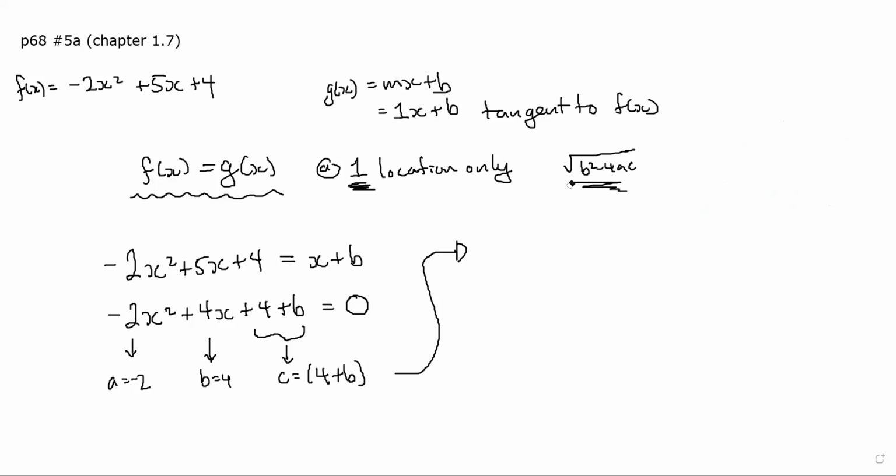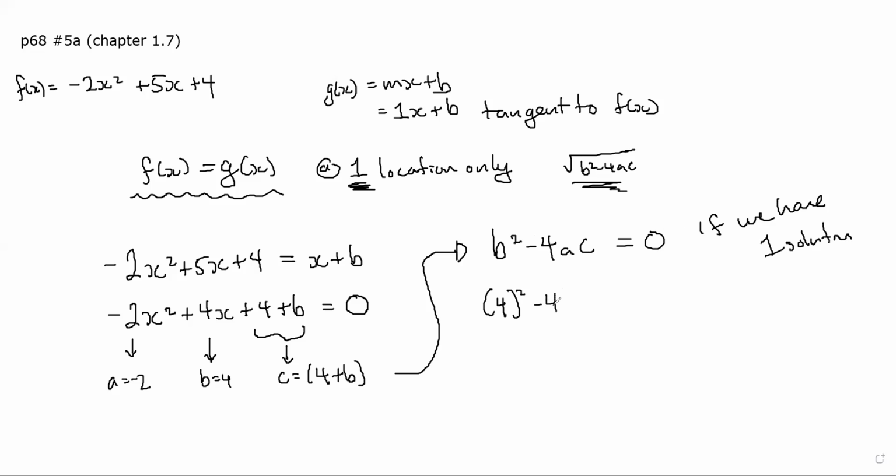Our b squared minus 4ac has to be 0. So let's do it. B squared minus 4ac must be 0 if we have only one solution. That means b squared minus 4 times a times c has to be 0.